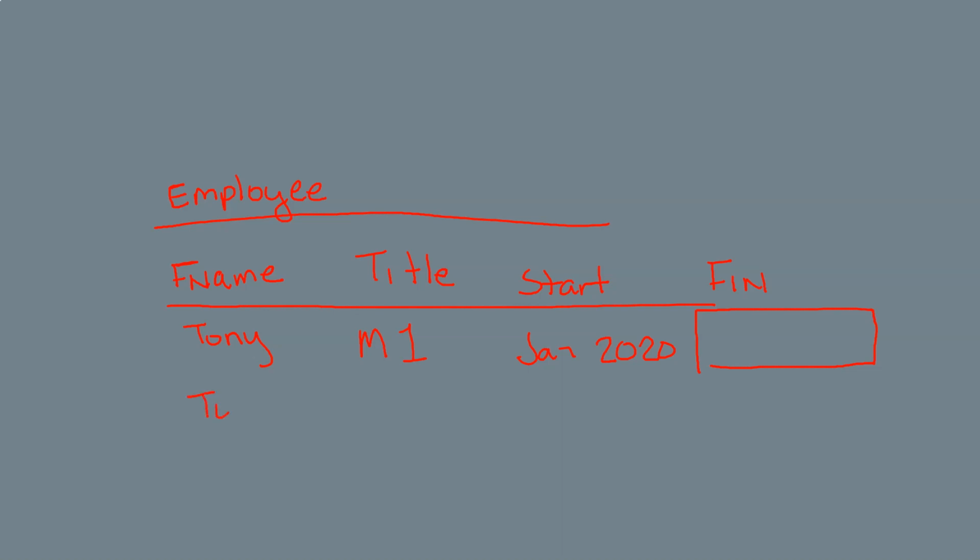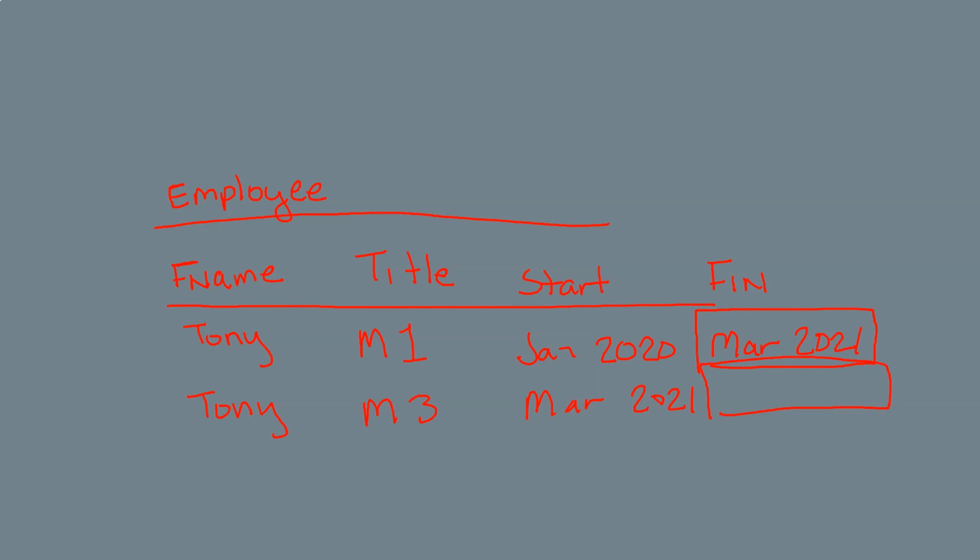We're going to say Tony now is, let's just say he's a Manager 3. And this happened in March of 2021. So what we're going to do in the blank above, we're going to put March 2021, and then we're going to leave this below blank.